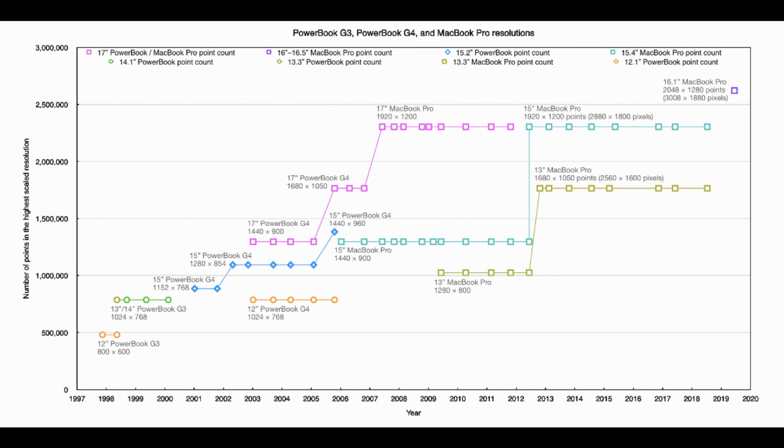One thing to mention is that this trend is not an artifact of increases in size. Yes, we started down at 12 or 13 inches and eventually got to 17 inches, but we've had density increases throughout the entire period of time.